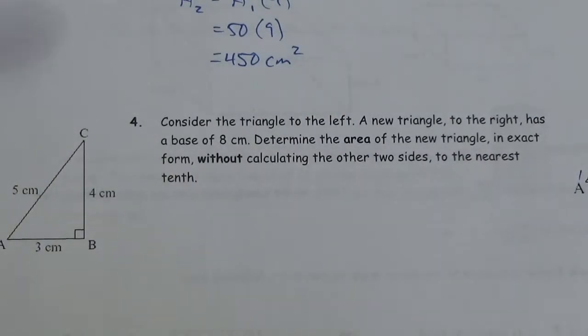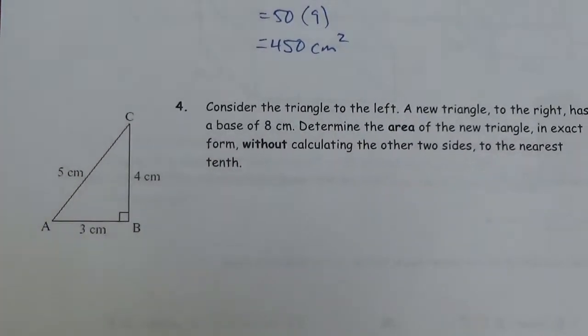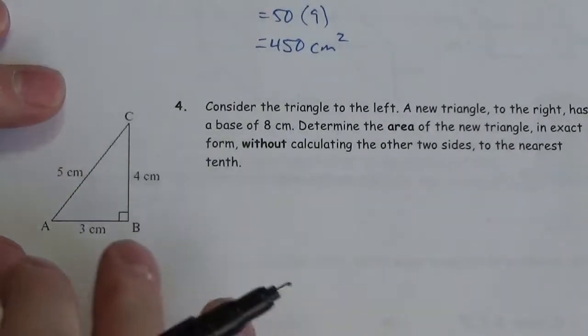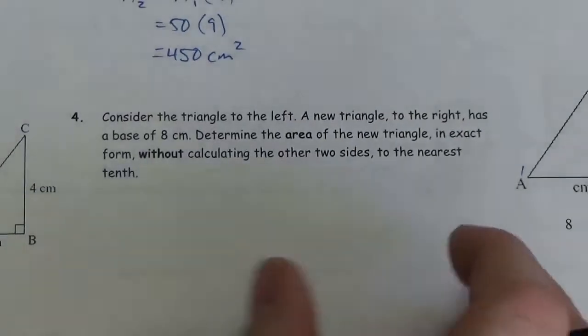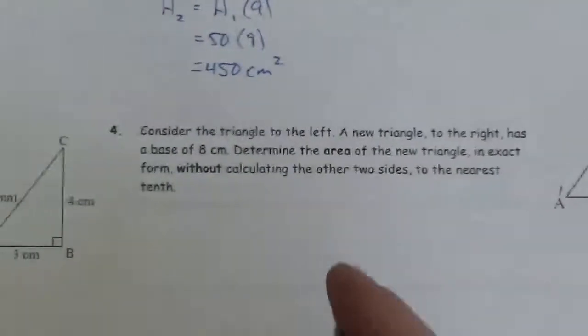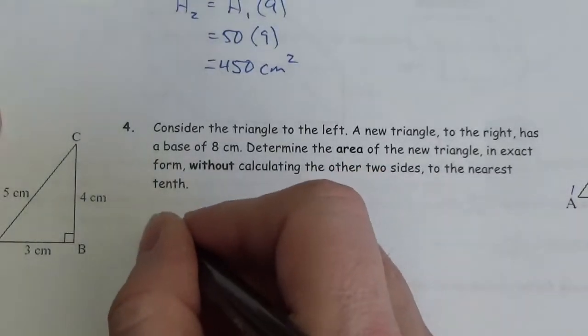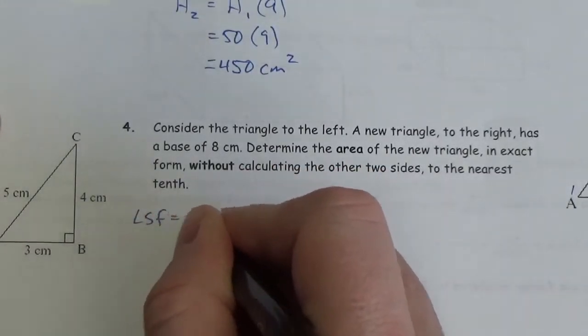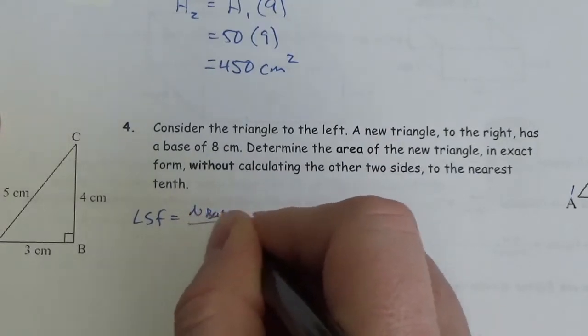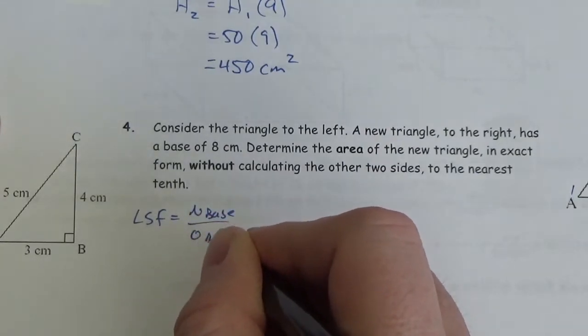Okay, well that's fine. We can do that. Because what we're doing here is, first of all, we've got to figure out what the linear scale factor is. Now, I'm assuming that the 2 triangles are meant to match up here. So the linear scale factor is going to be the new base divided by the old base.